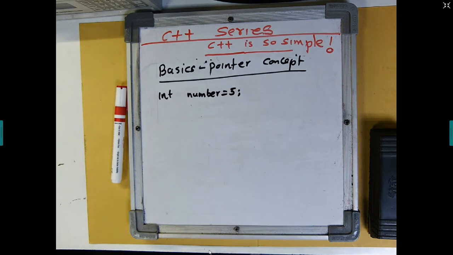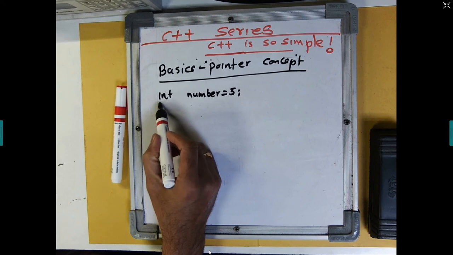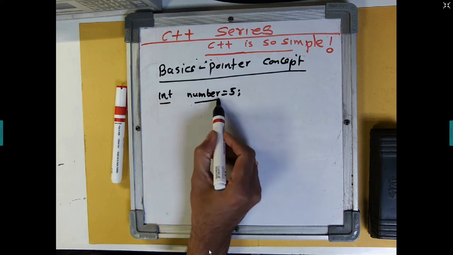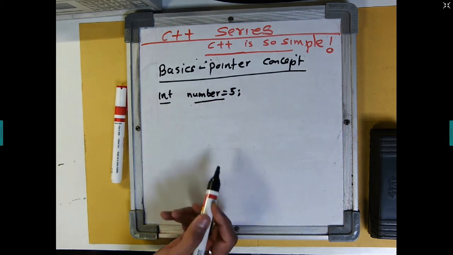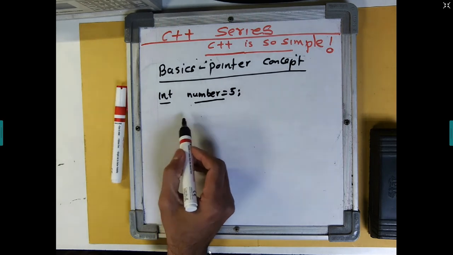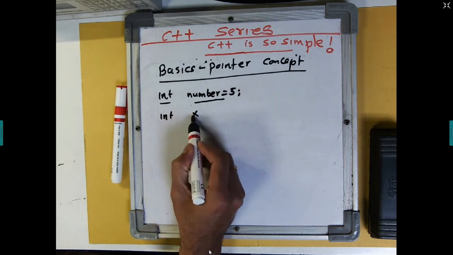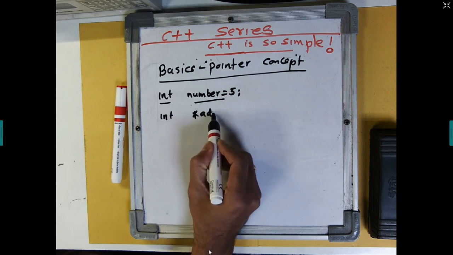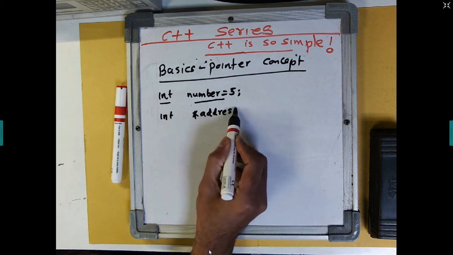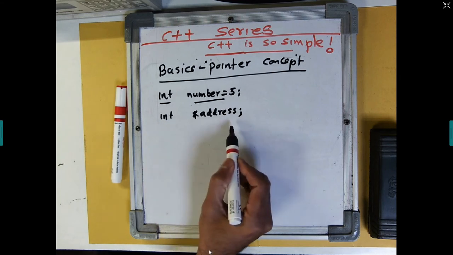Usually this variable can be in a C program or a C++ program; both look the same. Now, in order to access this number through pointers, let us create something called int star address. This is how you define a pointer.